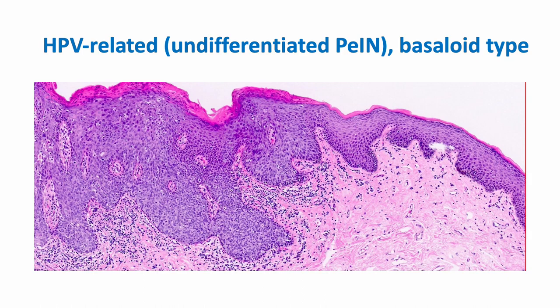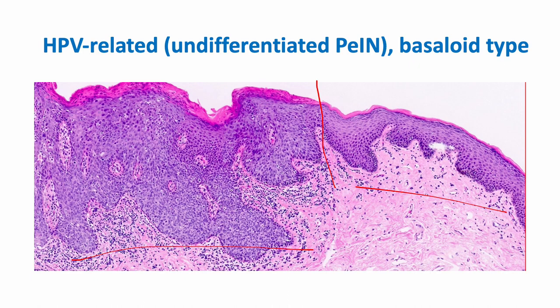This is a low power view showing a comparison between non-neoplastic and neoplastic squamous epithelium. In non-neoplastic squamous epithelium, we can see a single basal layer. Here in the neoplastic part, we don't have a single basal cell layer.